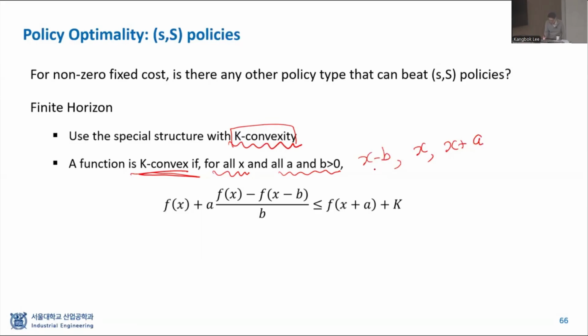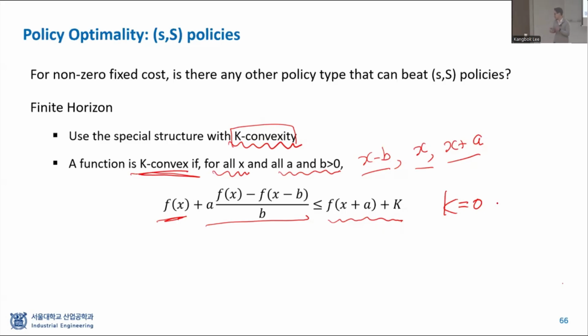For any 3 points, we have the following: f of x plus a is at least f of x plus a times the slope between two points, plus K. So when K equals 0, this coincides with the regular convexity definition, but we are extending it a little bit. Maybe you can simply regard it as a slight relaxation of convexity. Up to how much? Up to K.